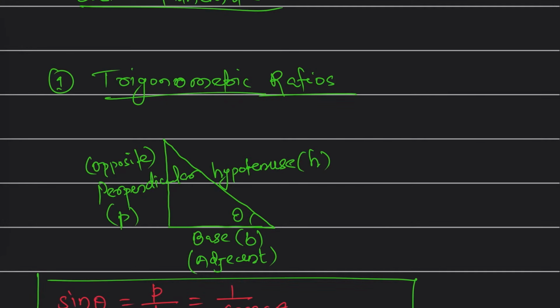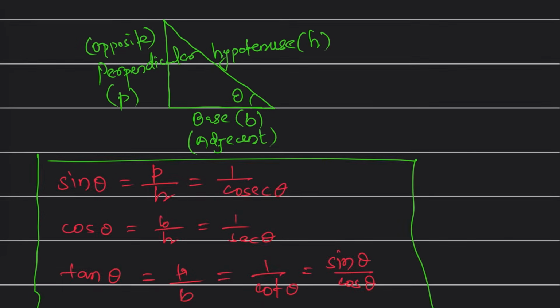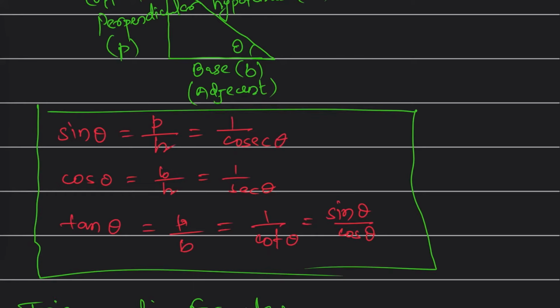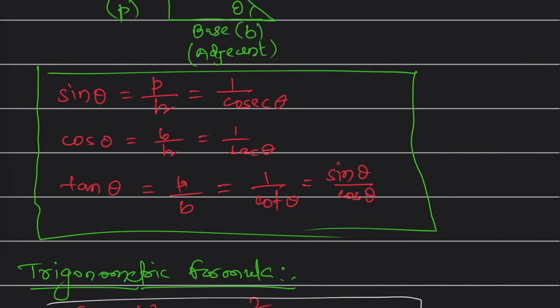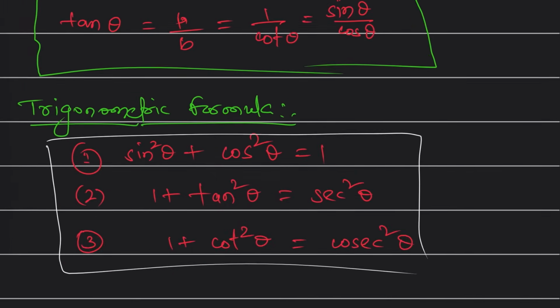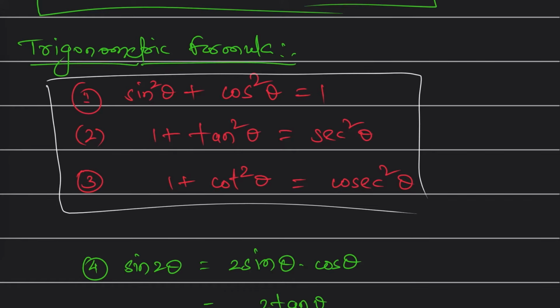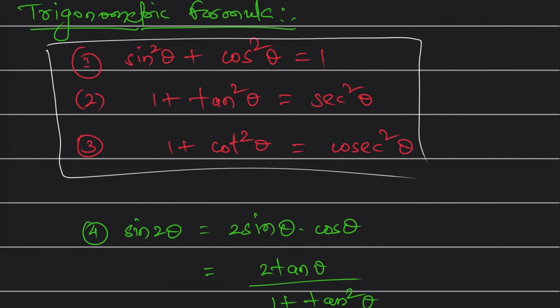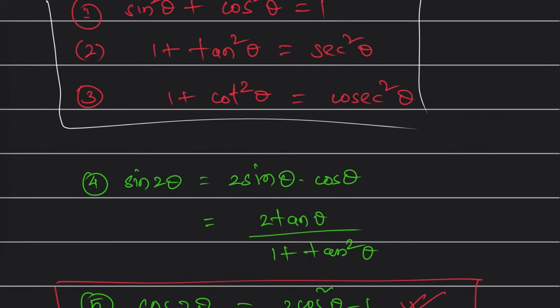Yesterday we discussed trigonometric ratios. In that we had a few formulas: sin theta, cos theta, tan theta. The formulas of trigonometry are sin square theta plus cos square theta is equal to 1, 1 plus tan square theta is equal to sec square theta, and 1 plus cot square theta is equal to cosec square theta.